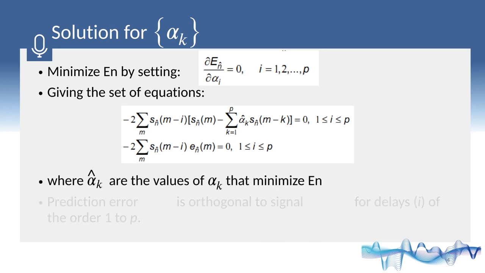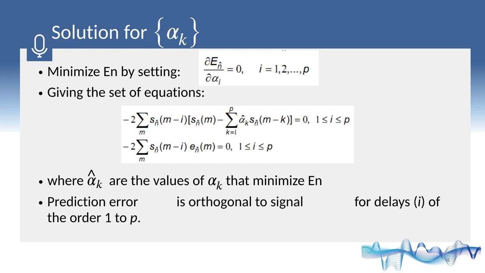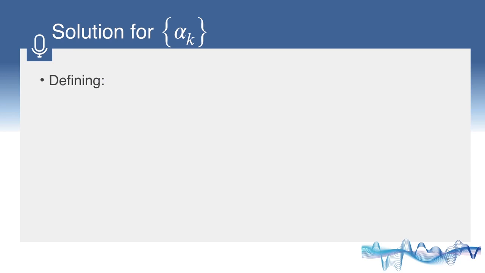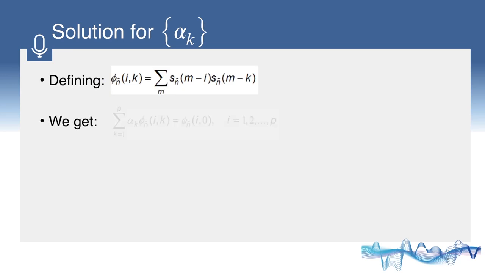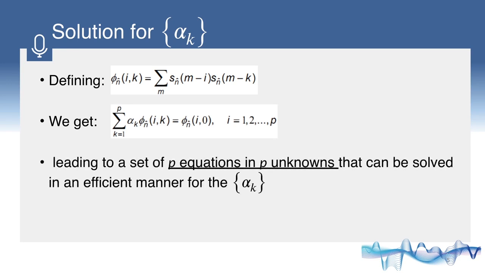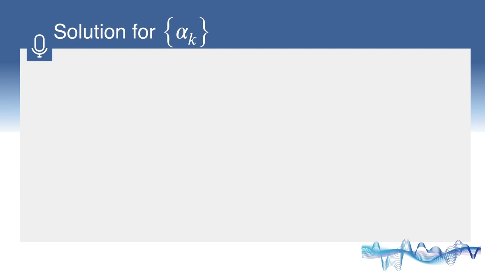As is shown in the equations, prediction error e_n(m) is orthogonal to the signal s_n(m - i) for delays i of the order 1 to p. By defining another function, phi_n, we can get a set of p equations in p unknowns that can be solved in an efficient manner for the alpha k.